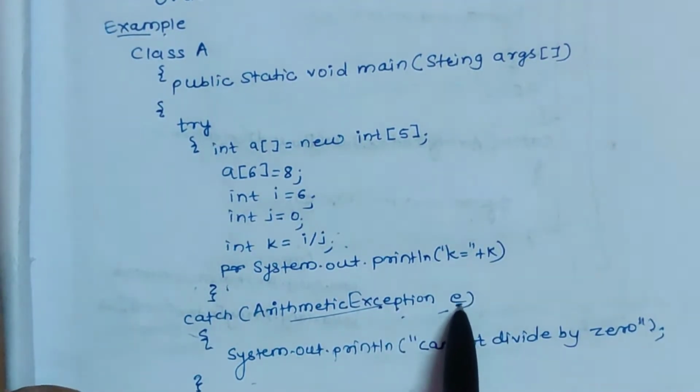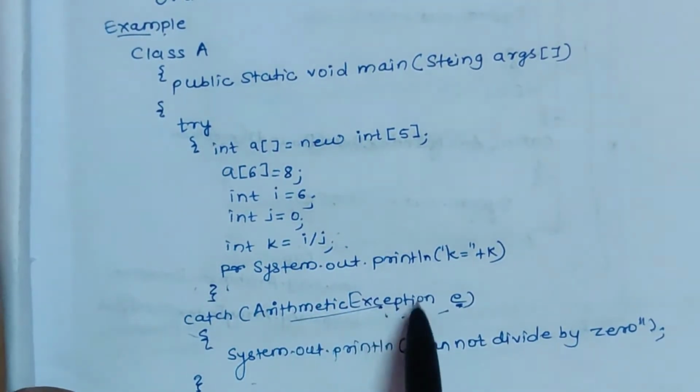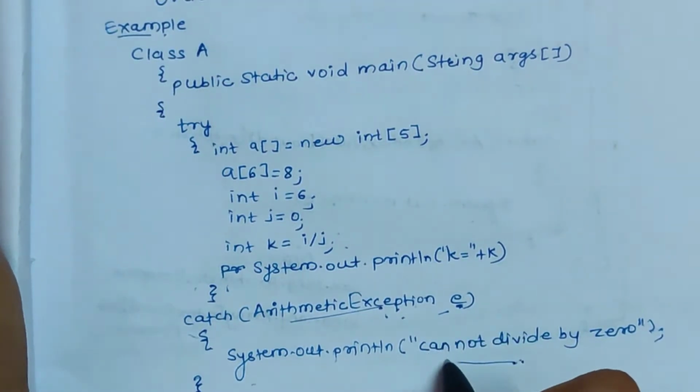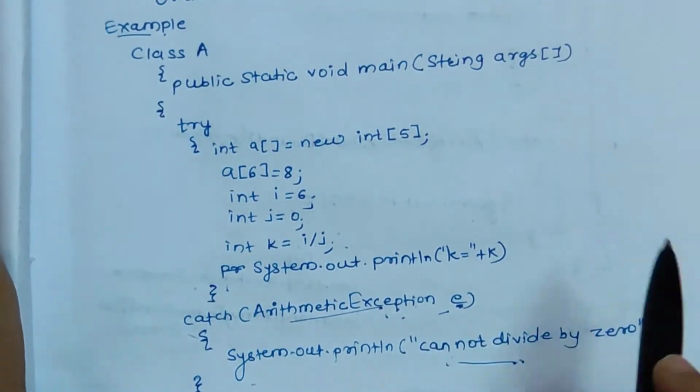Here e is an object of this arithmetic exception class, and here you can display any statement. I have displayed that we cannot divide the number by 0.